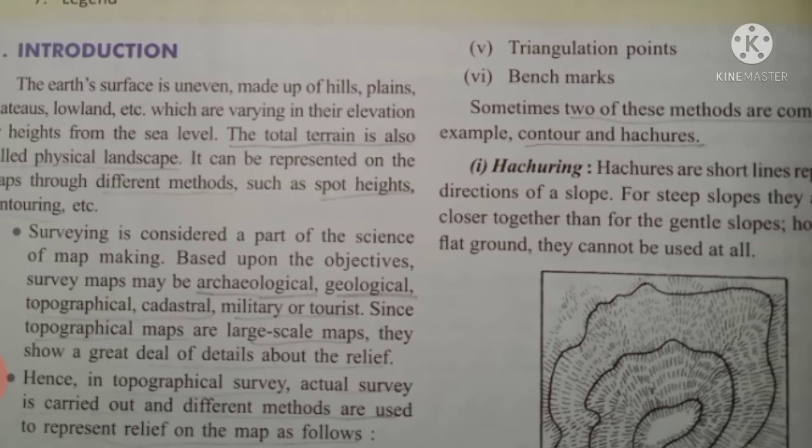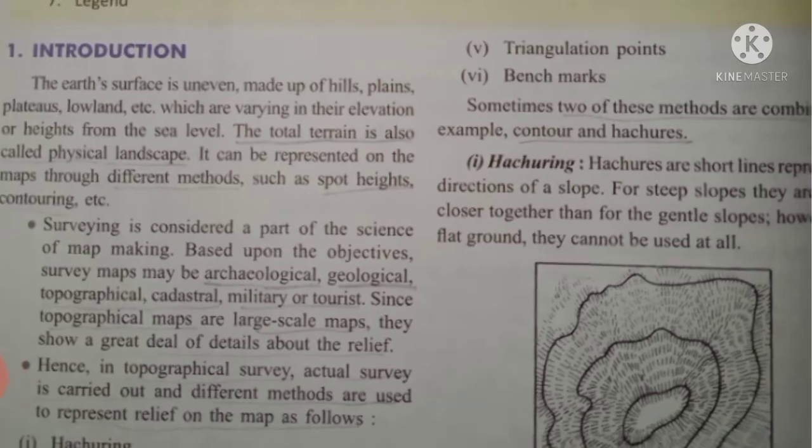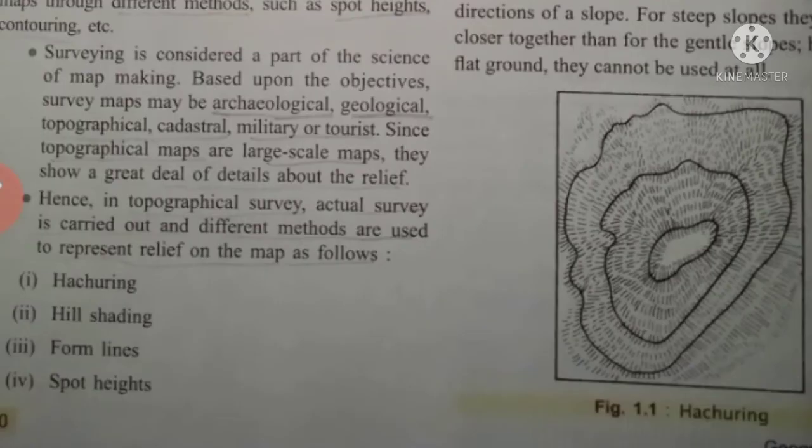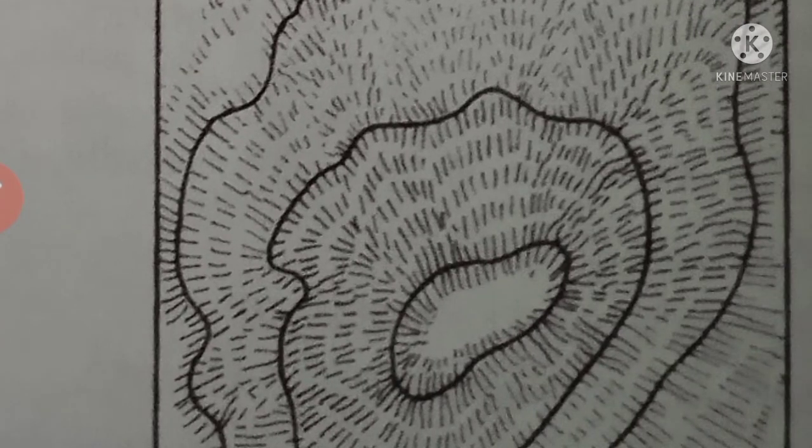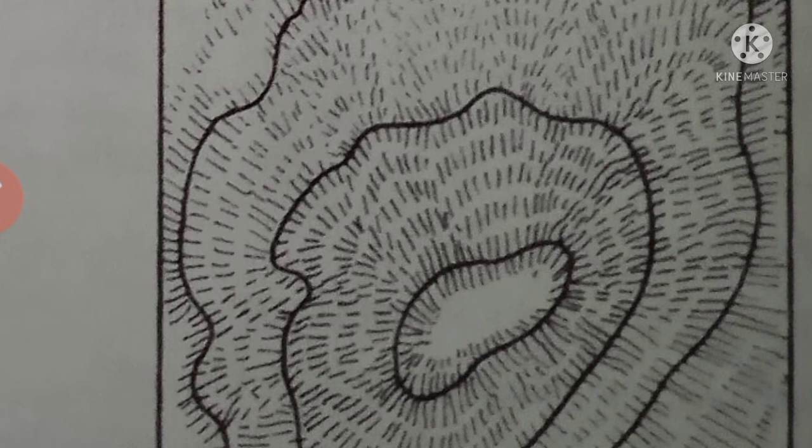Hachures are short lines representing the direction of a slope. For a steep slope they are closer together than for a gentle slope. However, for flat ground they cannot be used. In your book it is not nicely given, but in this figure you can see many short lines.